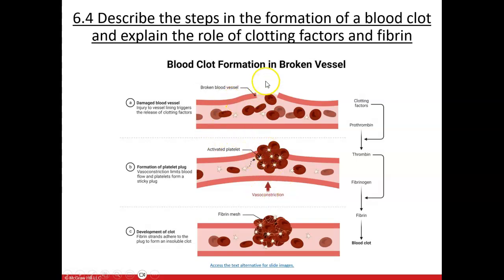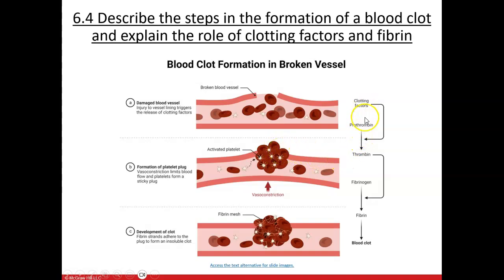So a break in the blood vessel triggers the production of these clotting factors that tells the platelets to start sticking together, and tells the blood vessel to spasm and try to close. So our body's trying to prevent the loss of blood.